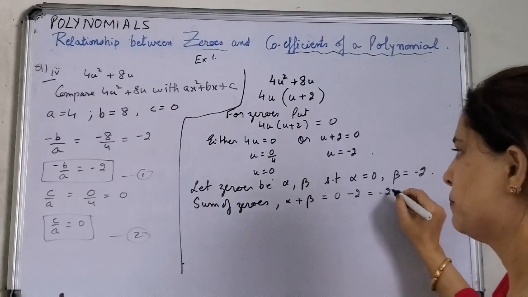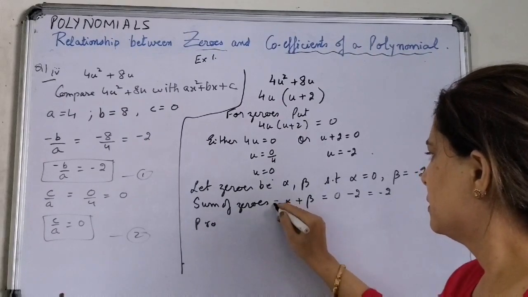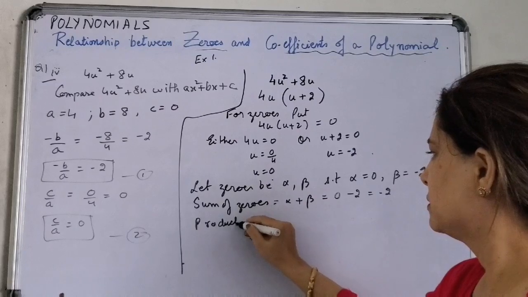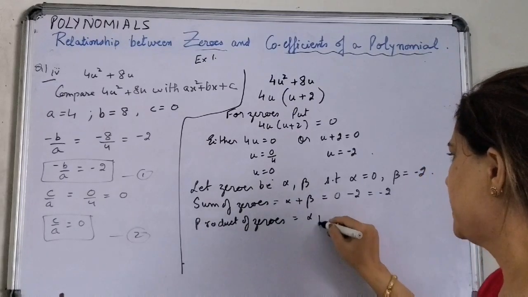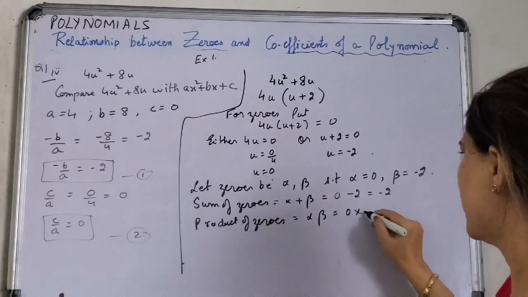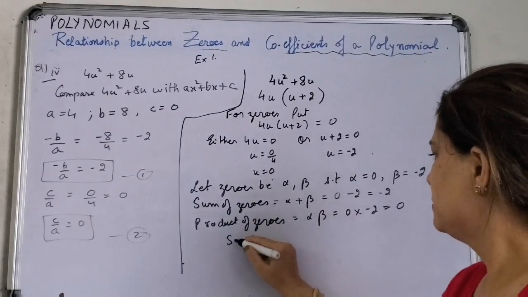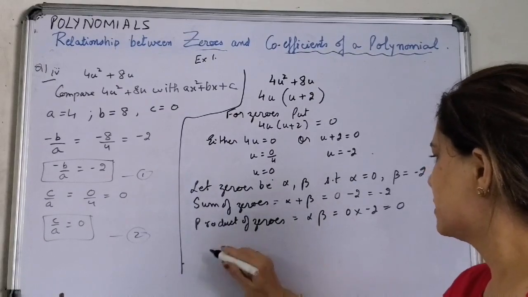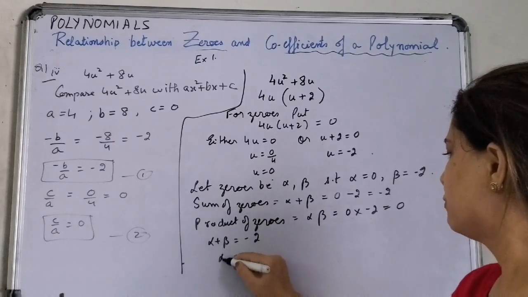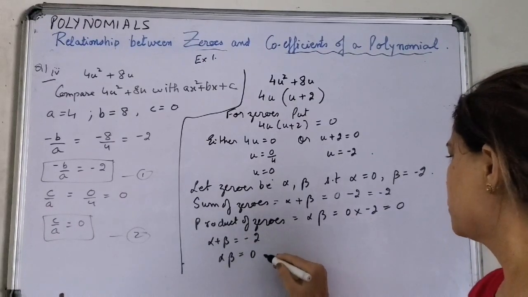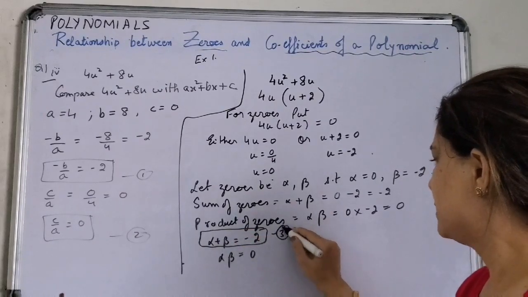Let's find out the product of zeros, that is alpha into beta. This turns out to be 0 into minus 2, that is 0. So what have we got? The sum of alpha and beta has turned out to be minus 2, and alpha into beta, the product of zeros, has turned out to be 0. This is your equation number 3, and this is equation number 4.